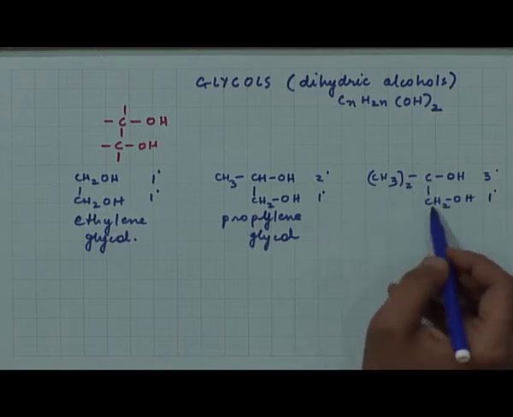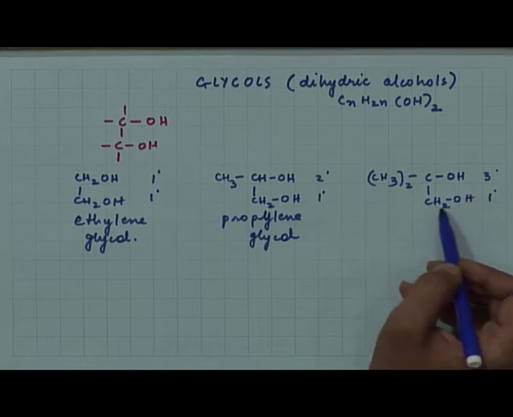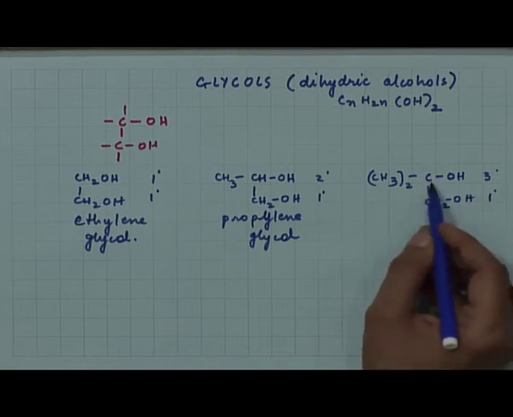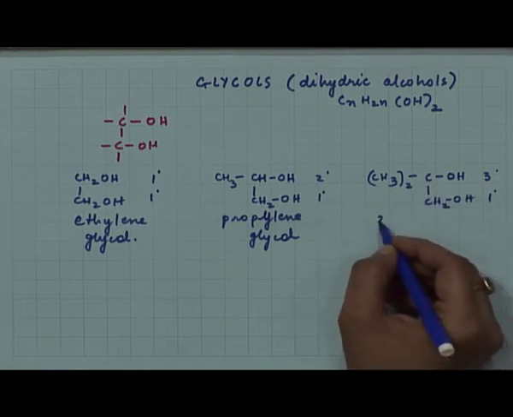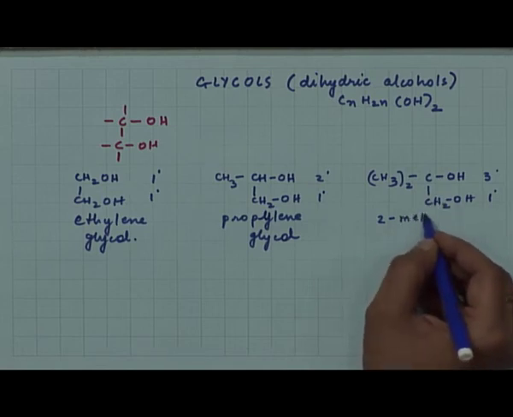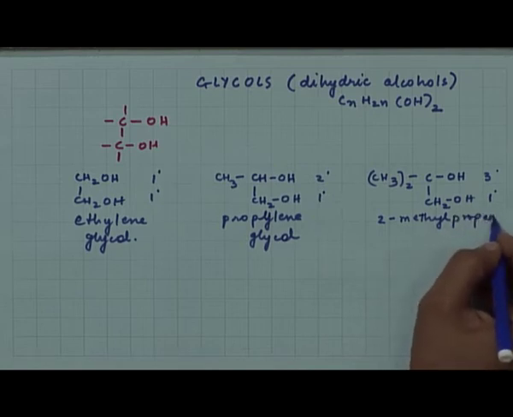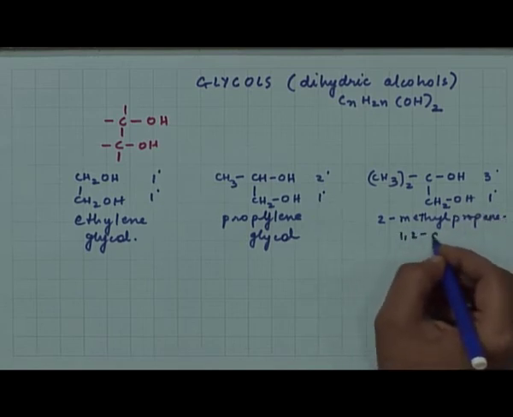So, you have a three carbon system, and if you start the numbering, it is a 1,2 diol, 2-methylpropane-1,2-diol.